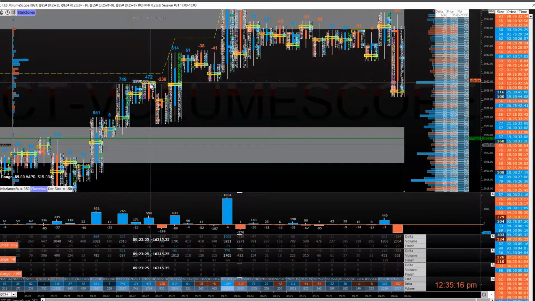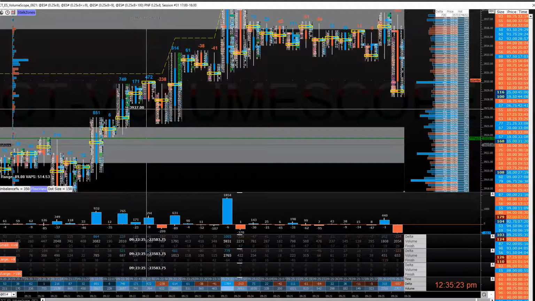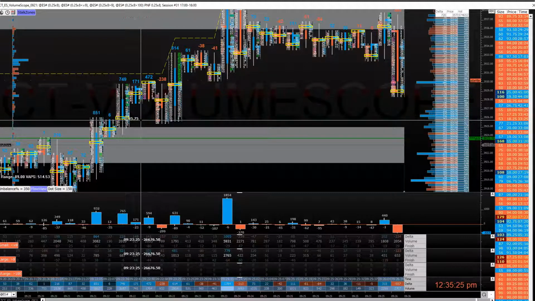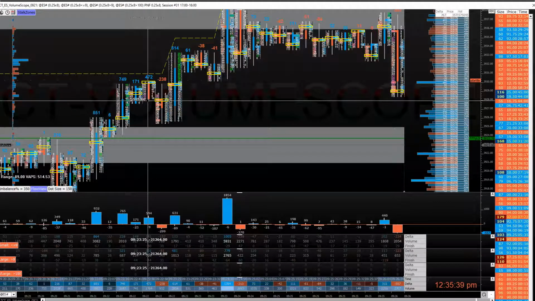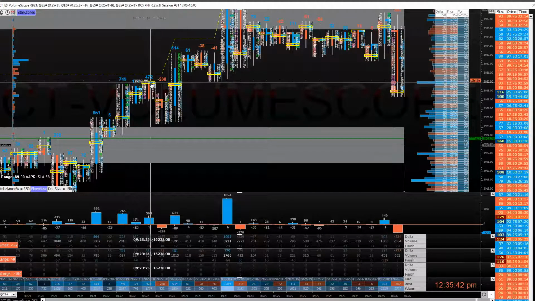If you look at the prints on the left and the right side, and you go back a bar or 2 bars, most of these numbers are like double digits or low 100, right? But then when you look at that bar, that 472 delta that you see when we push up just one tick above into the settlement, you get 600 that prints on the offer. 600 relative to all the other prints that you're seeing.